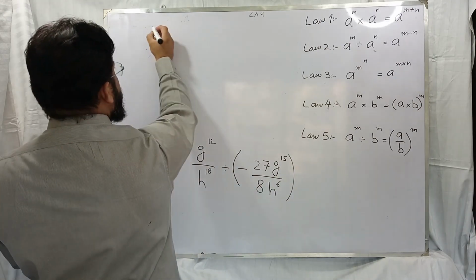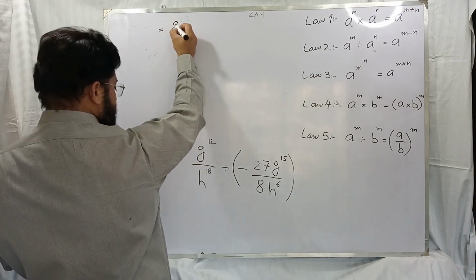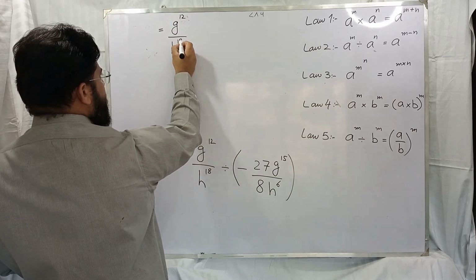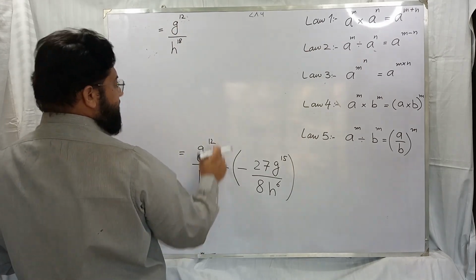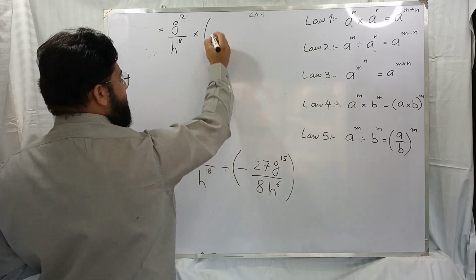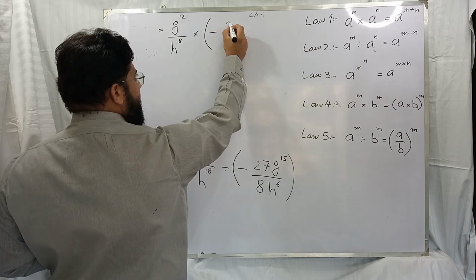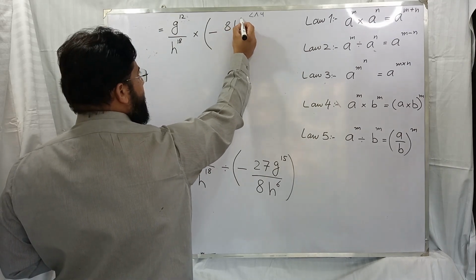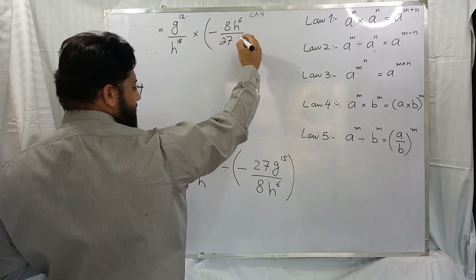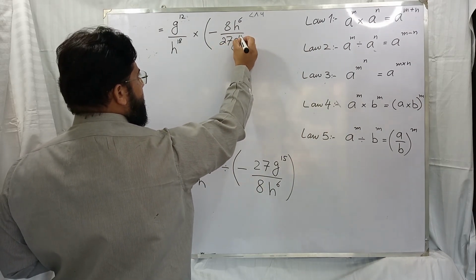Next step would be g12 over h18. If I change division sign to multiplication sign, then what happens? The immediate term will be reversed. This will become 8h to the power 6 over 27 g to the power 15.